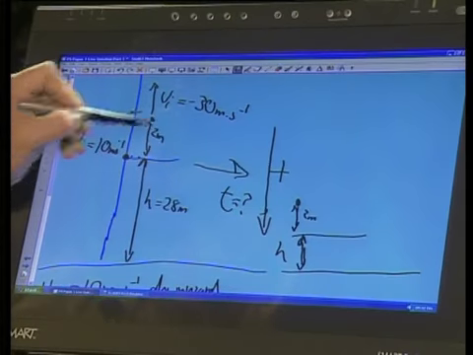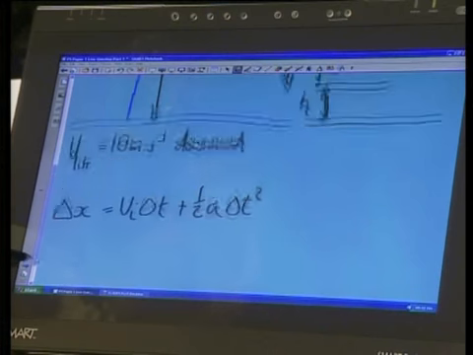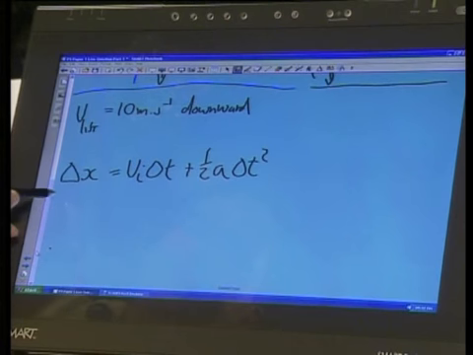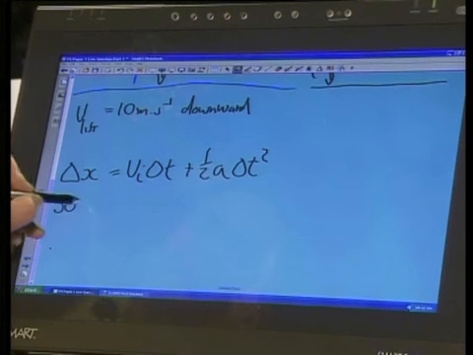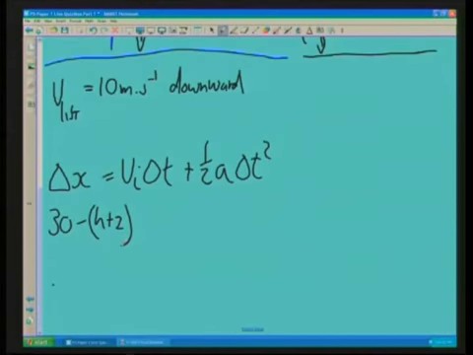Do you agree? Yes. Okay. So the ball goes through a change in displacement. We said it was initially at 30, and its final position is going to be h plus 2. Okay? Yeah. That's for the ball.